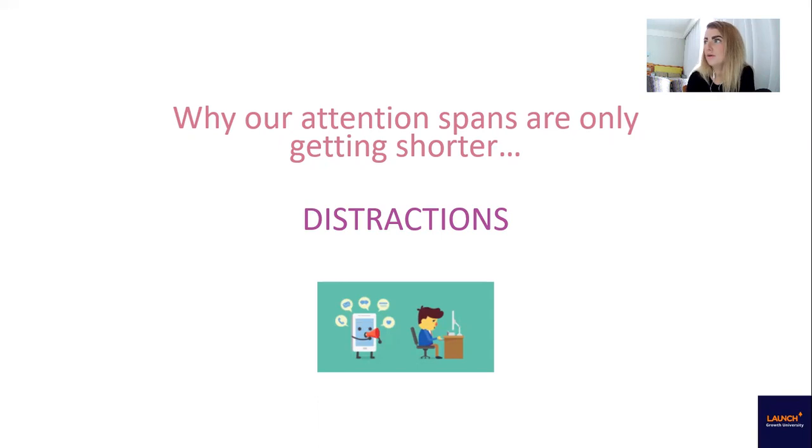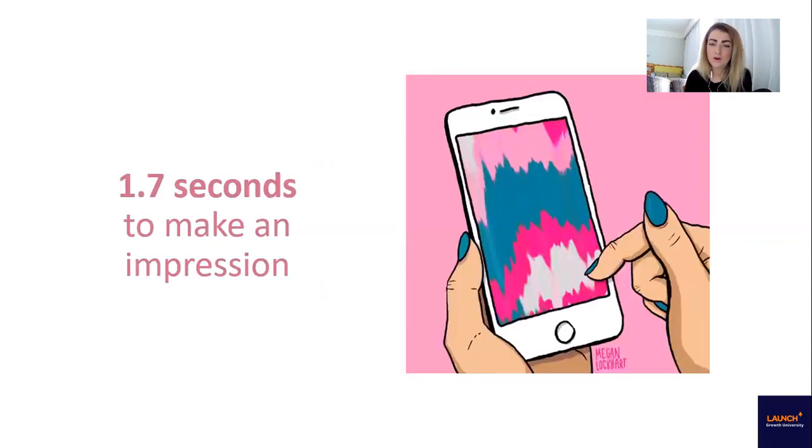If you're maybe walking down the street, taking a stroll, you could be scrolling through your phone. I mean, I wouldn't advise it, look up from the phone, but it happens. A lot of people do multitask. So this kind of distraction around us creates shorter and shorter attention spans, which then leads to roughly an average scroll of 1.7 seconds. So when we're scrolling through content, you have 1.7 seconds to make an impression, or people are going to continue to scroll.